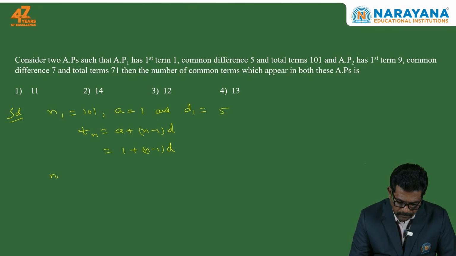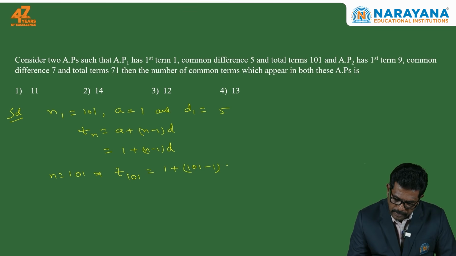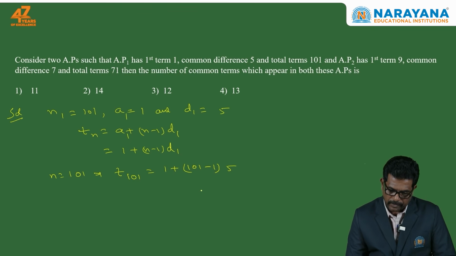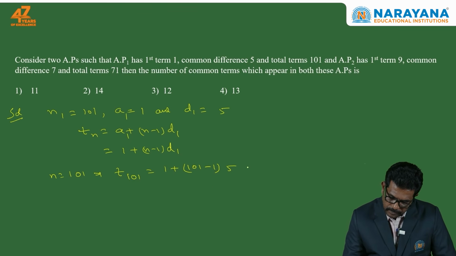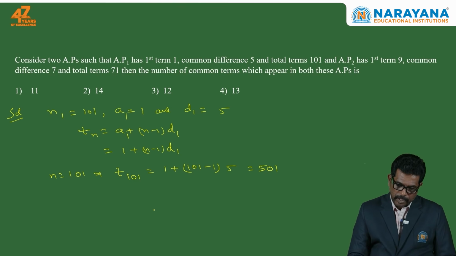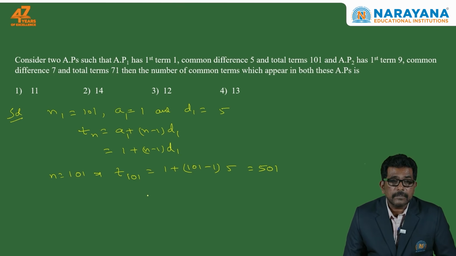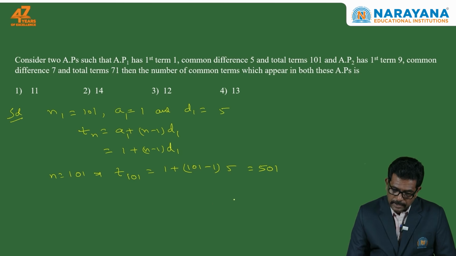If n is equal to 101, then the 101st term becomes 1 plus 101 minus 1 into d1, where d1 is equal to 5. This is 501. The 101st term in the first AP is 501.